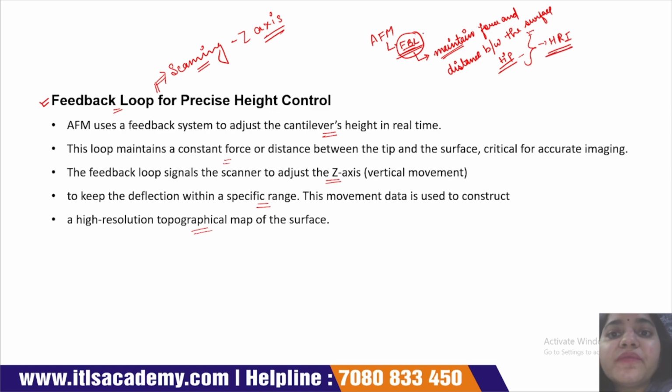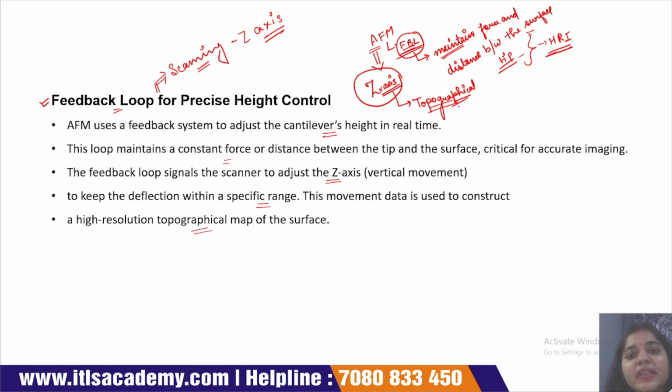This feedback loop is also used to scan or adjust the x-axis movement. Whenever we want to study the topographical map of the surface, we require scanning in the vertical direction also.